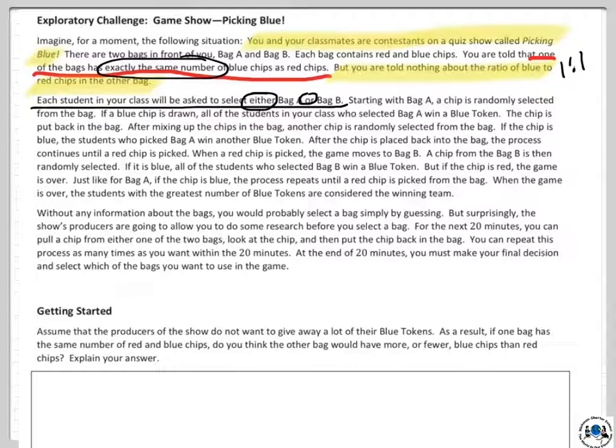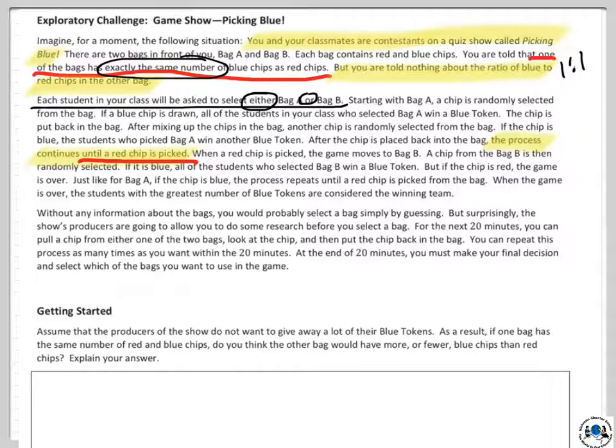So each student in your class will be asked to select either bag A or bag B. What you're trying to do eventually is gain the most tokens. Let me just continue reading here. Starting with bag A, a chip is randomly selected from the bag. After mixing up the chips in the bag, another chip is randomly selected. So you keep putting the tile back into the bag, and we did this in class one day.